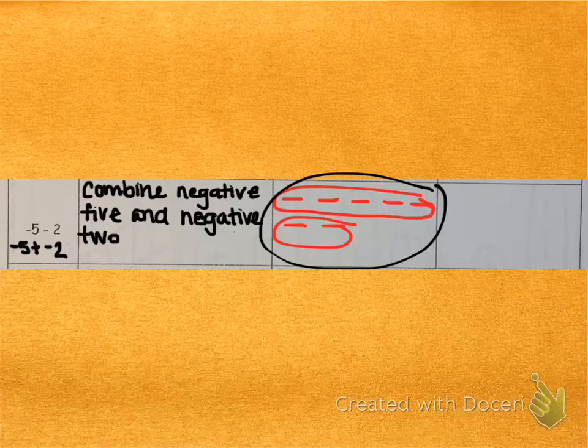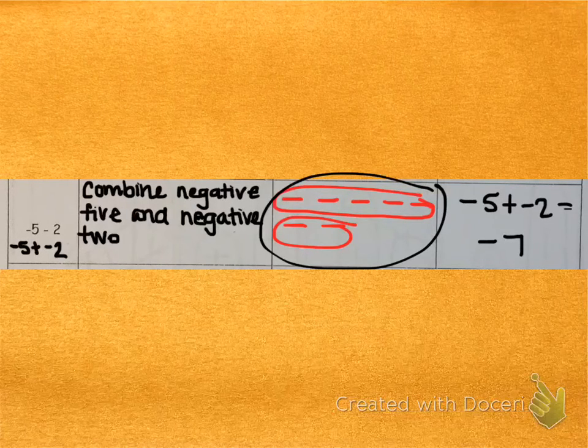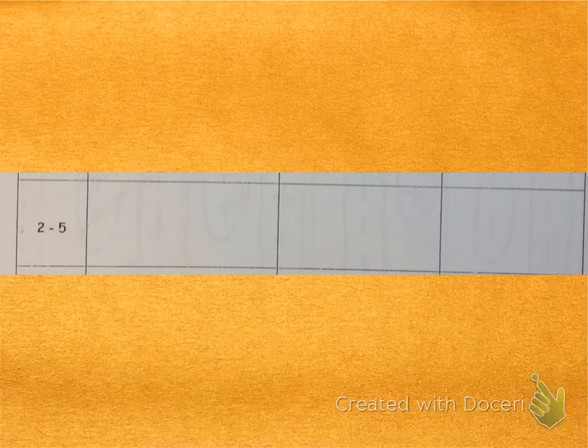We're going to just total up how many negatives we have in existence. And that is that when I combine a negative 5 and a negative 2, I am going to get a total of negative 7, or 7 negatives. I would like you to press pause and do this one on your own. When you have finished, we will check this tomorrow and we will move on.